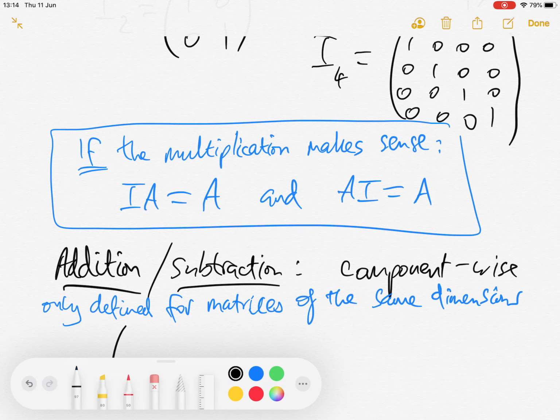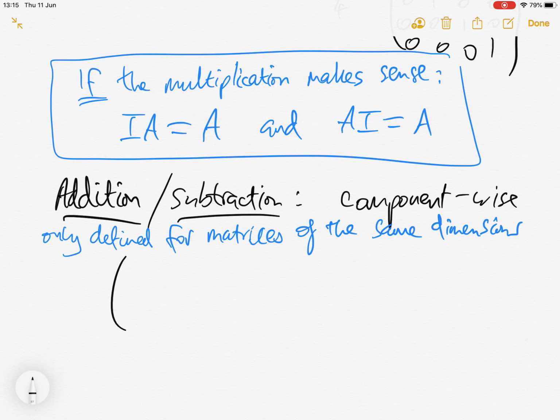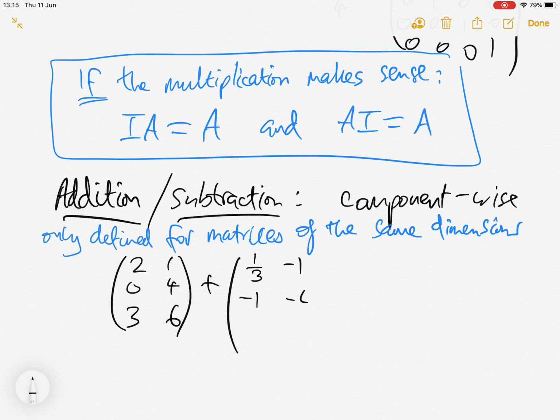So if we have something like 2, 1, 0, 4, 3, 6, and then let's take a third, minus 1, minus 1, minus 1, minus 1, minus 1, and we add them together, we do it component-wise.